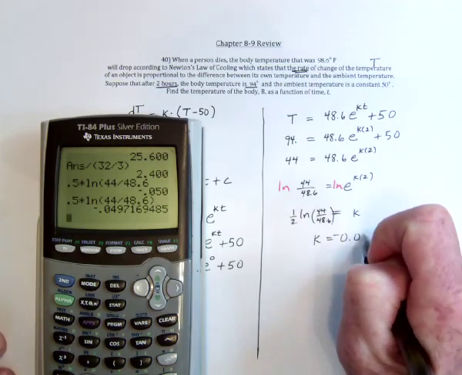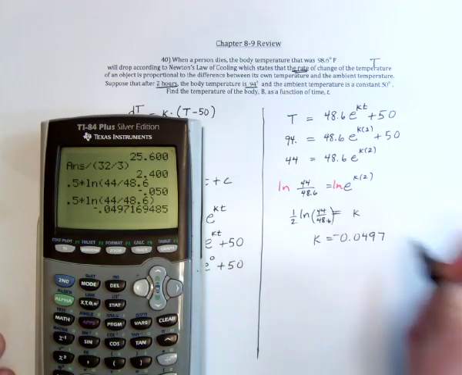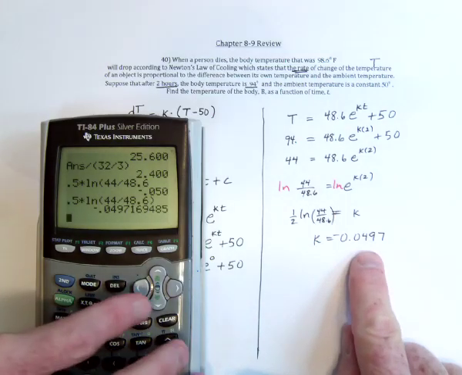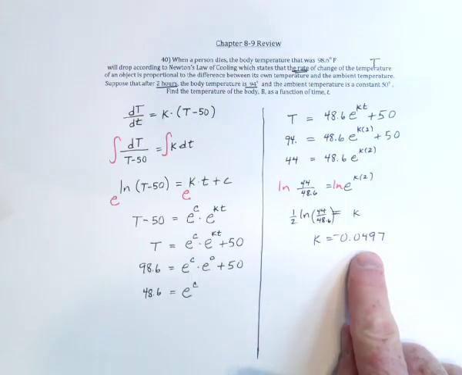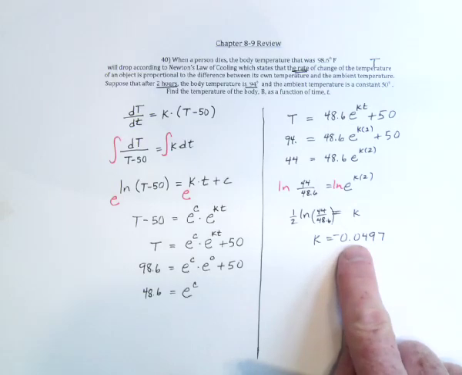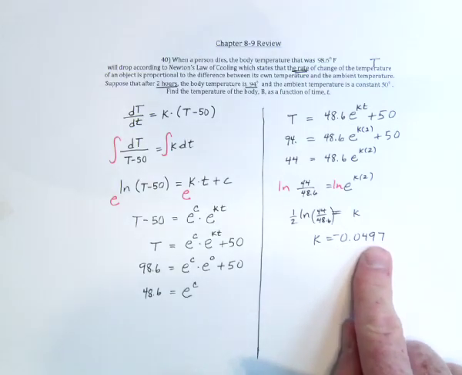I like to deal with 3 significant decimal places. So the 0 doesn't really give you any information, so 3 significant decimal places here.